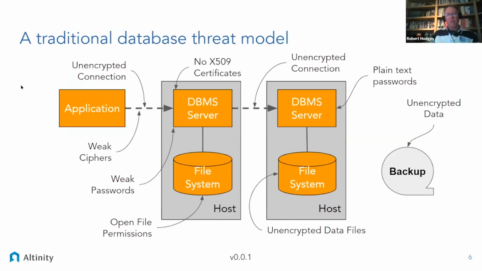This is a traditional database threat model, but it starts on the left side with the application connections, and then goes all the way to the right side where you have to think about things like backups, which are actually a really great place to go steal data because they're often unencrypted, and particularly in cloud environments, it's pretty easy to expose them by accident. So there's a host of things that we have to deal with, and databases by and large do a pretty good job of covering these things.